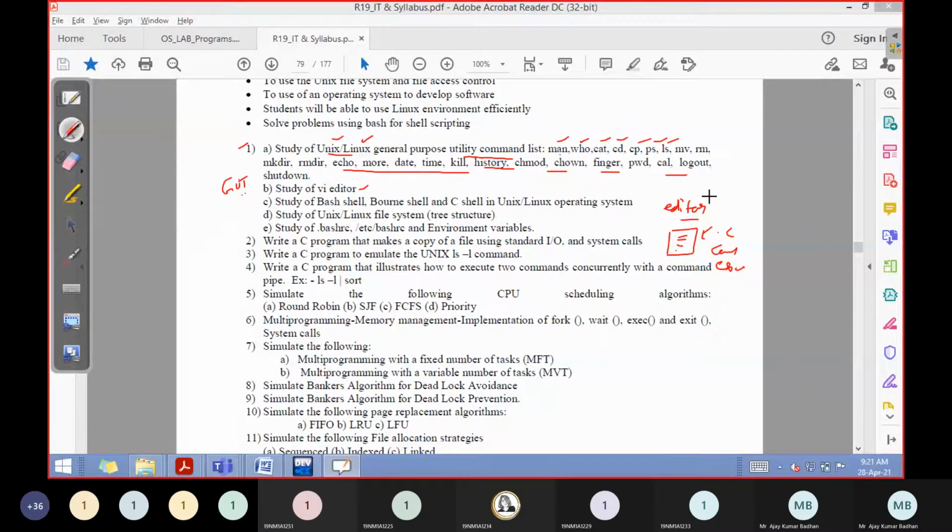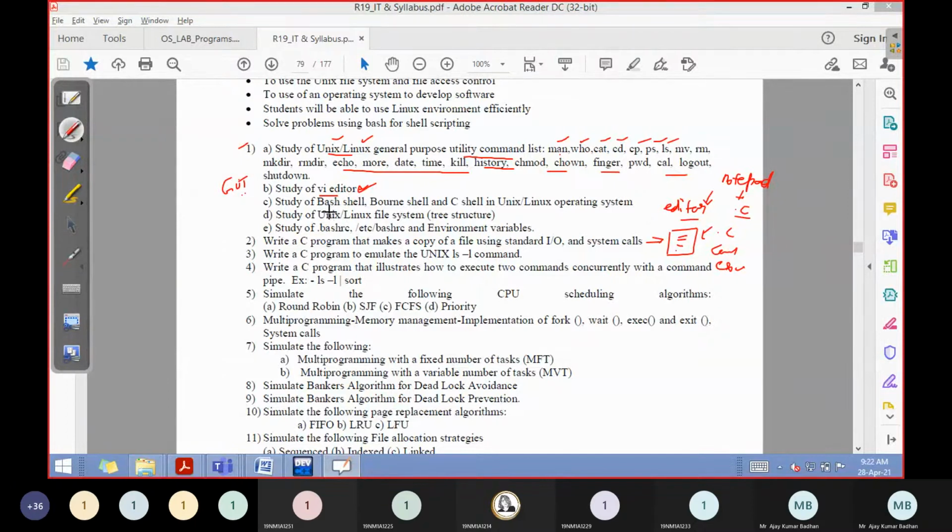Not only that, if you don't have this editor, you can directly write C programs in Notepad and store the program with a .c extension, and then execute it. In the same way, in Linux also we have an editor. We call it the VI editor. In this editor, you can write different programs and execute them.